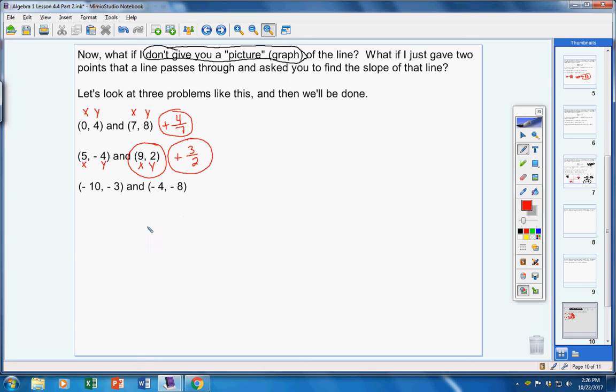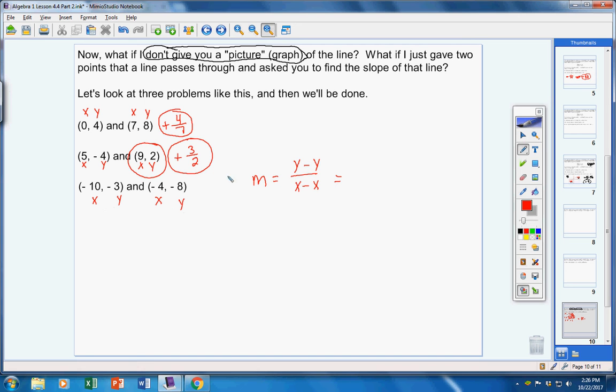Okay, lastly, let's find the slope of the line that passes through these 2 points here. So here we go. Formula is y minus y over x minus x. Here's my x, my y, my x, my y.